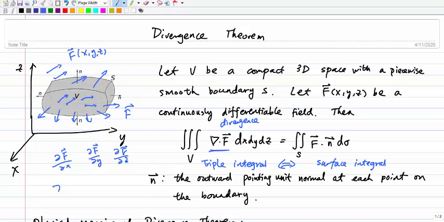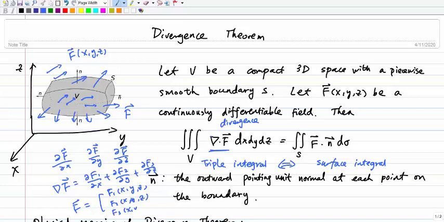It is given by partial F1 over partial x, plus partial F2 over partial y, plus partial F3 over partial z, assuming my vector F is (F1(x, y, z), F2(x, y, z), F3(x, y, z)). So this is my F. You just take the partial derivatives and compute the sum. So this is basically the divergence.